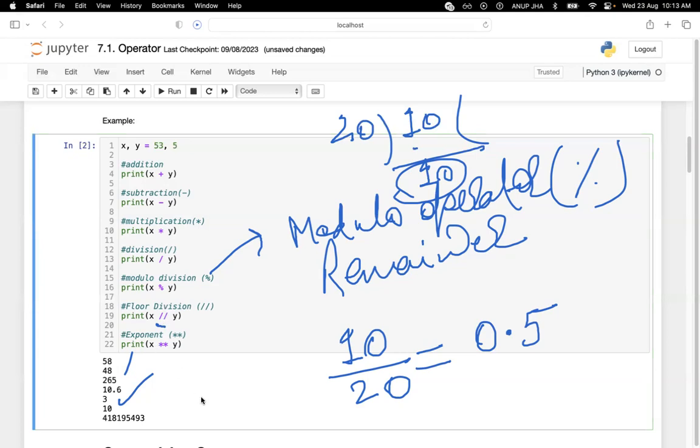I am getting 10, the whole number. And if I change the values to, let's say, 100 and 5, let's see what I am getting. 20.